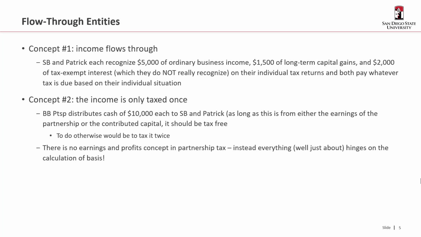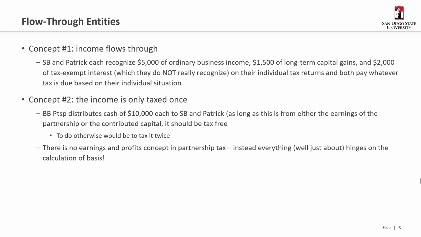Concept number two is that that income is taxed only once. So the Bikini Bottom Partnership distributes cash of $10,000 each to SpongeBob and Patrick. And as long as this is from either the earnings of the partnership or those partners' contributed capital, it should be tax-free, because to do otherwise would be to tax it twice.